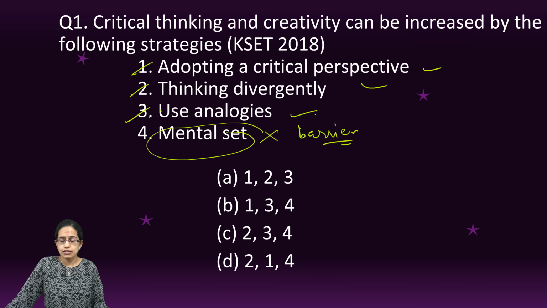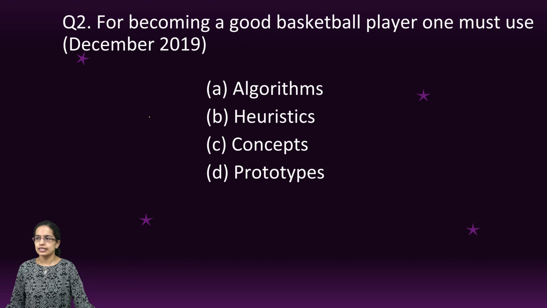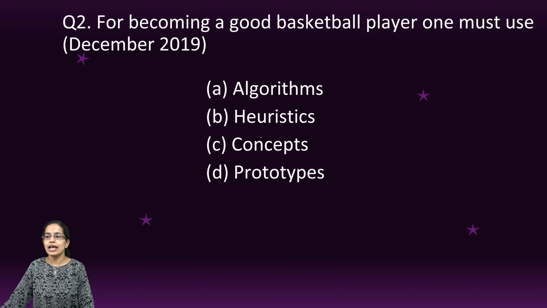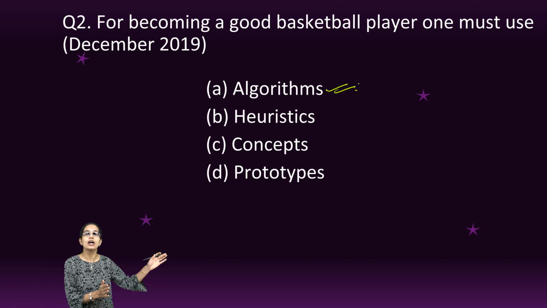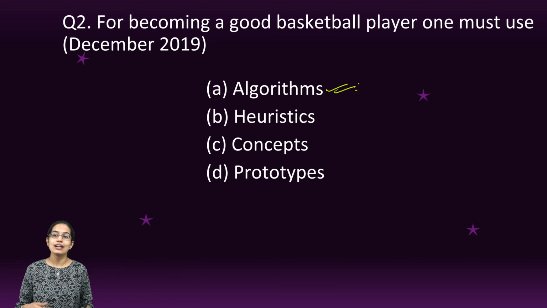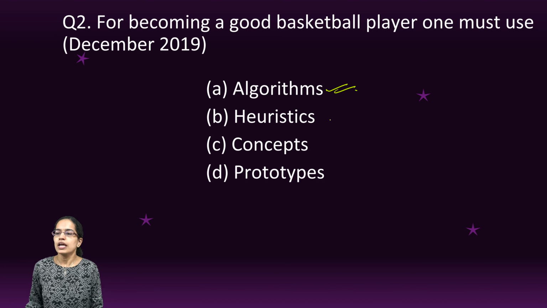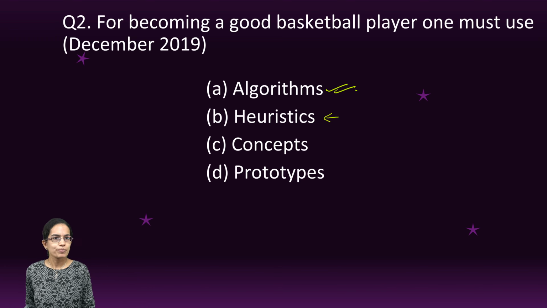A very direct question about critical thinking and creativity. The next is an interesting question. For becoming a good basketball player, one must use algorithms. Now algorithms are step-by-step solutions to a given problem, and based on that you can basically train yourself to be a good sportsman. Heuristics basically talks about mental shortcuts, not applicable here.